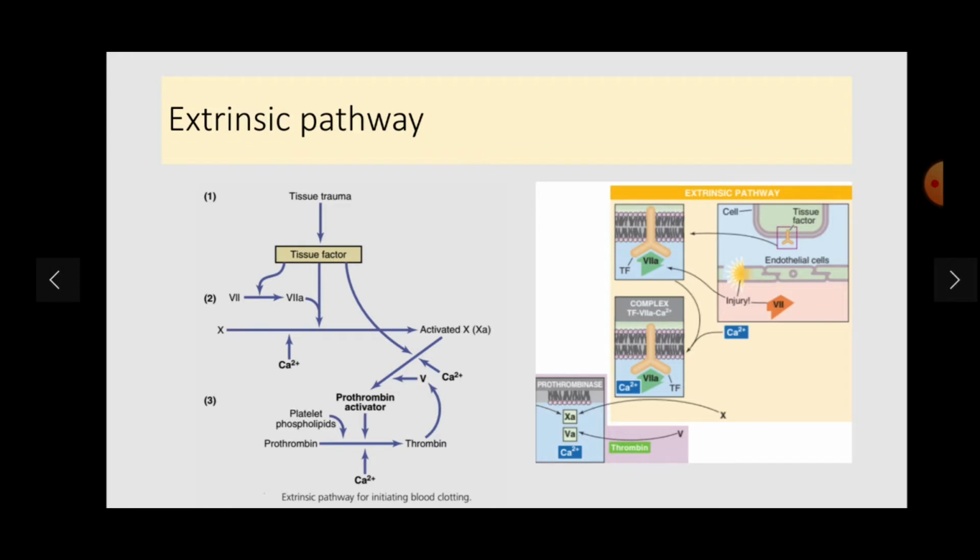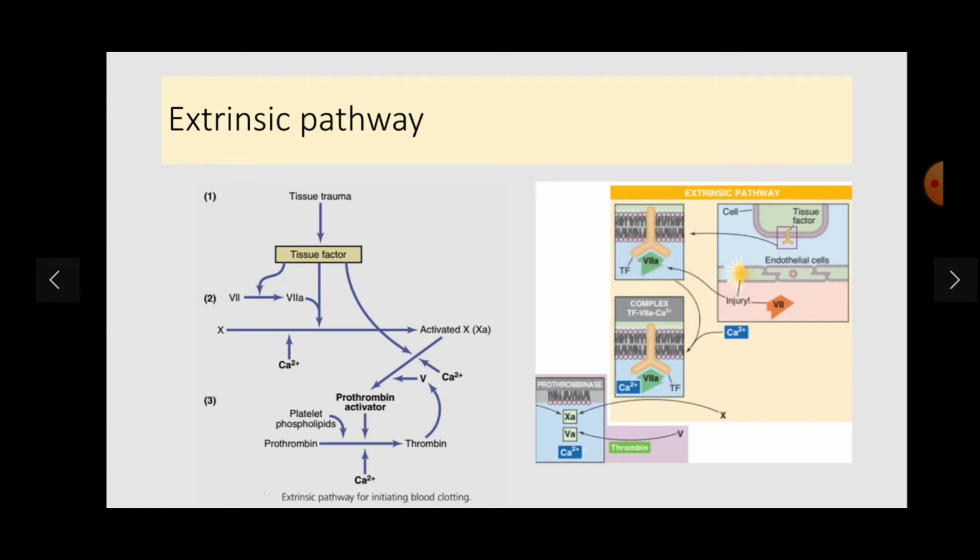Extrinsic pathway. The extrinsic pathway is activated whenever tissues are damaged, and whenever tissues are damaged it leads to the release of tissue thromboplastin. Here we can see the tissue factor, or tissue thromboplastin, which is present in the cell membrane of tissues. So damage to the tissues releases tissue factor. Tissue factor binds with factor 7.